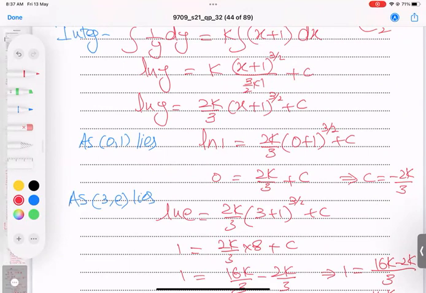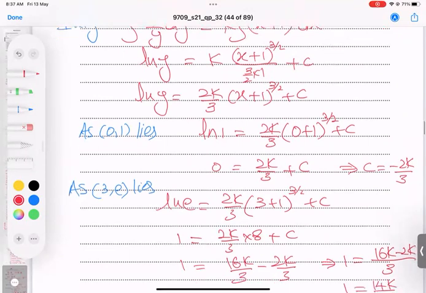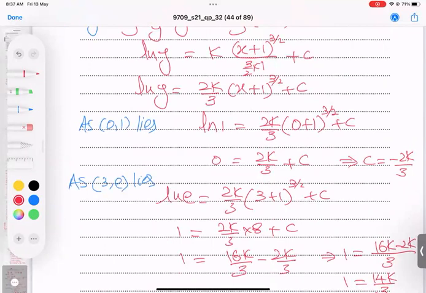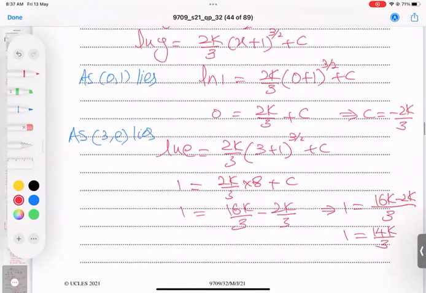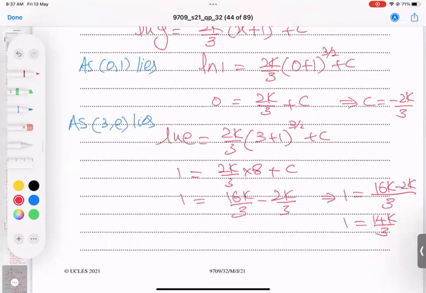Okay, 2k by 3, correct. This is all okay. When I plug in 1 and 0 here, I got 2 by 3. All right, and this value is coming here. Yeah, 16 by 3. So let's check properly where maybe some mistake is.